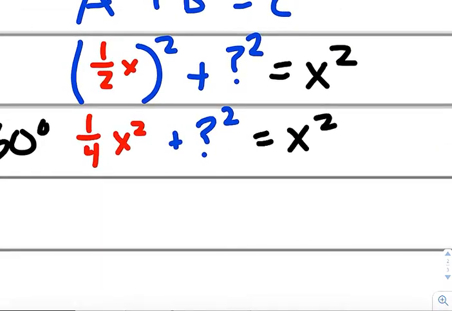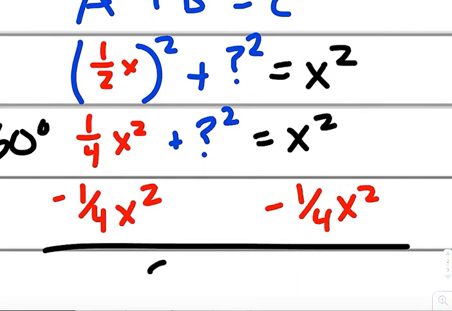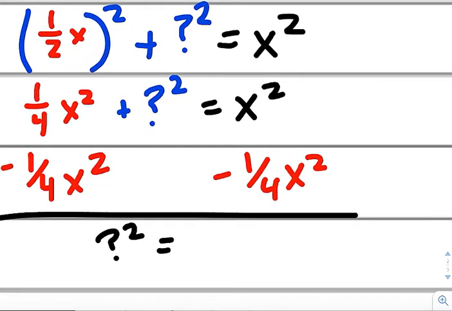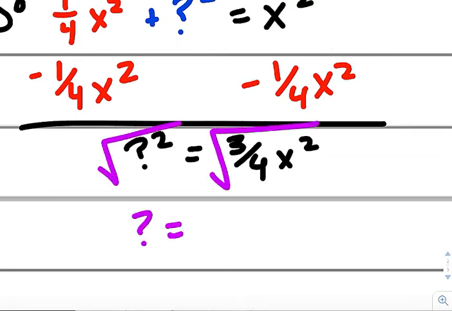It looks like we're going to subtract 1/4 x squared from this side, and that should be x squared. Solving this out, we end up with the question mark squared equal to, well, if I have a whole and take away a quarter, 3/4 x squared. We're pretty close to the end here. All we have to do is apply a square root. And so the question mark is exactly equal to the square root of 3/4 x squared.